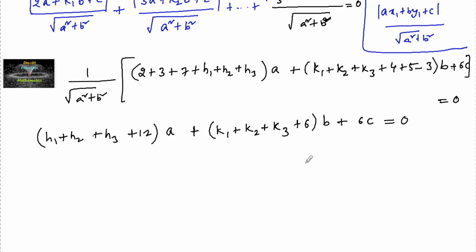So now when comparing with the given variable line ax plus by plus c equals 0, just divide by 6 to make the coefficient of c equal to 1.